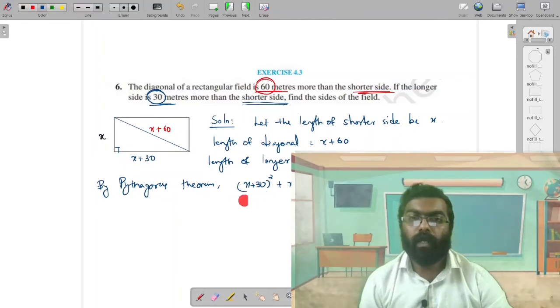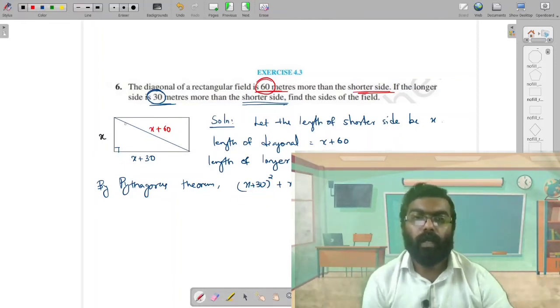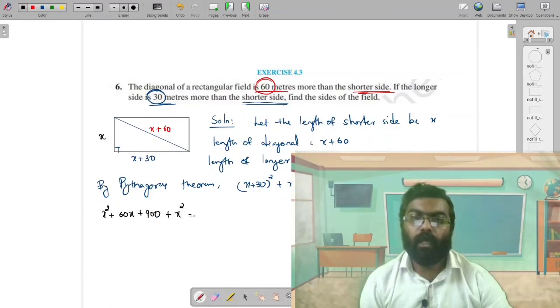Now we can expand this value using a plus b the whole square. So what we get is x square plus 2ab, 2 into 30, 60x plus 30 square, 900. Again one more x square, which is equal to, right side also the same formula, a plus b the whole square. So x square plus 120x plus 3600.